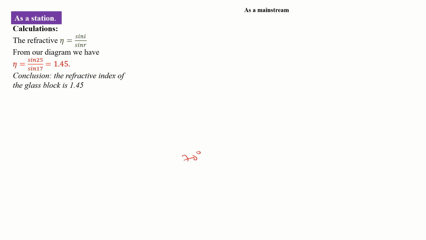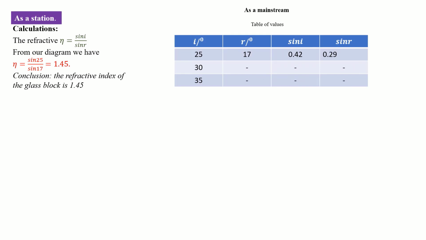Then we construct a table of values. Remember, your table of values should be very neat. So our table of values will be as such. We are going to have I in degrees, R in degrees, sine I and sine R. So for the case of our 25 which we measured, our R was 17, sine I gives you 0.42 and sine R 0.29.